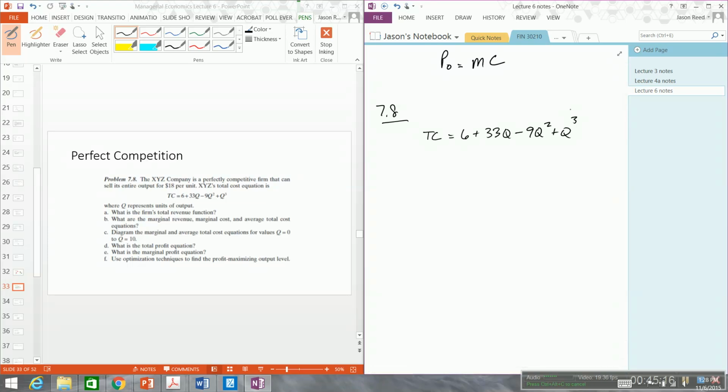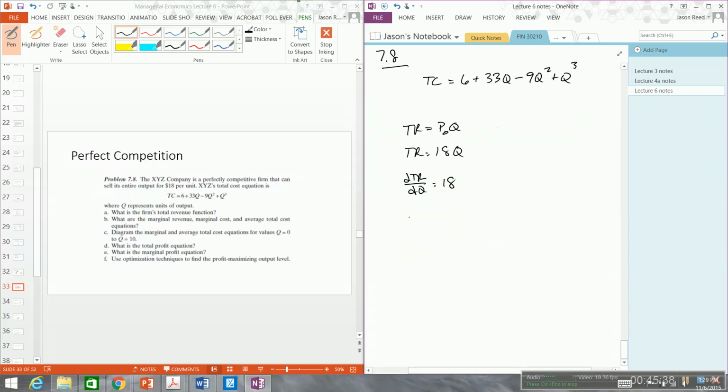We're perfectly competitive, so total revenue is going to equal P sub naught times Q. So total revenue is going to be equal to 18 times Q. What is the marginal revenue? Marginal revenue is dTR dQ, which is equal to 18. Marginal cost is going to be that first derivative, dTC dQ, which is equal to 33 minus 18Q plus 3Q squared.